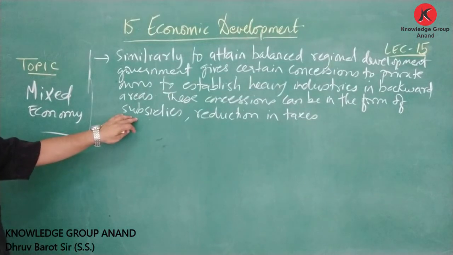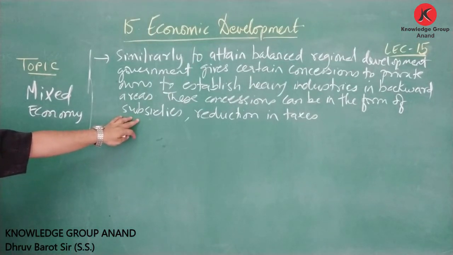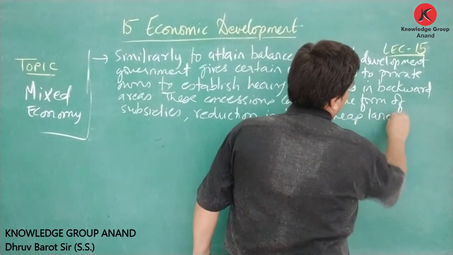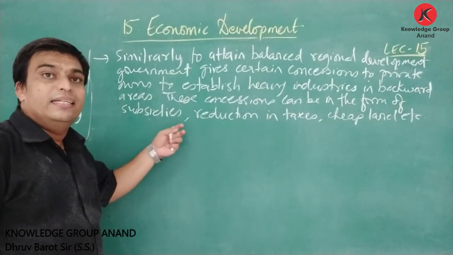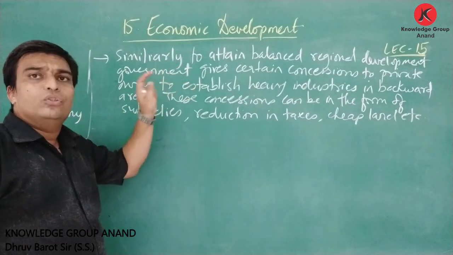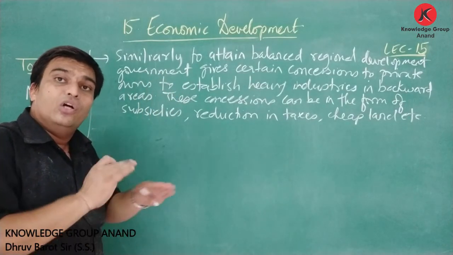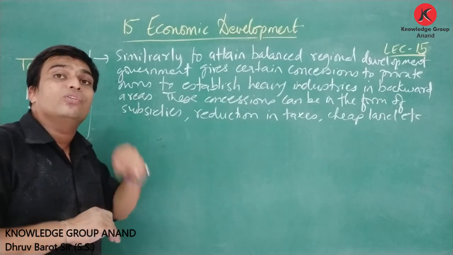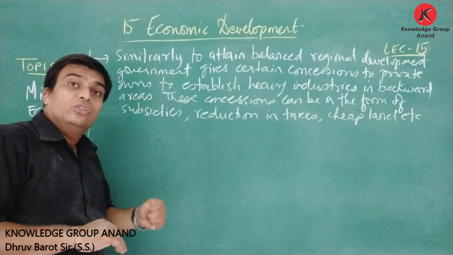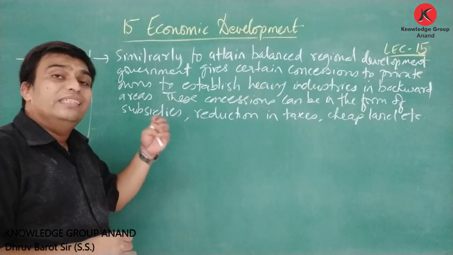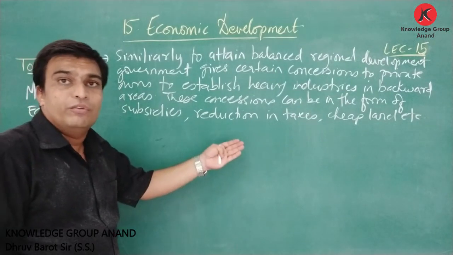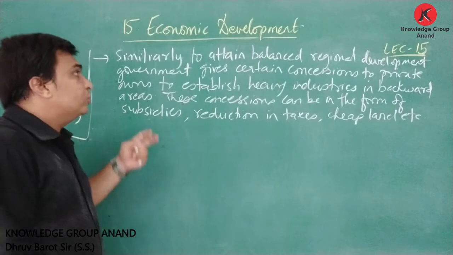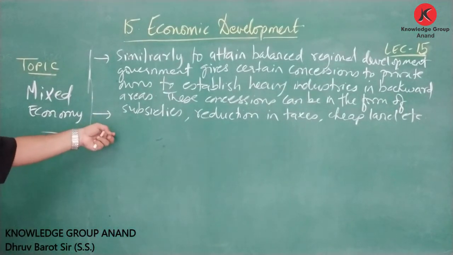These concessions can be in any form like subsidies, reduction in taxes, then they can give cheap land, etc. Friends, here you can clearly understand that since government attempts to maintain this balanced regional development, government puts certain restrictions on luxurious items as well as to make the balance in regional development. Government also gives certain concessions to the private owners to establish industries in the backward areas, and these concessions can be in the form of subsidies, in the form of reduction in tax. They can also provide them land at a cheap rate. So these all things are done by the government so that the balance can be maintained in regional development.